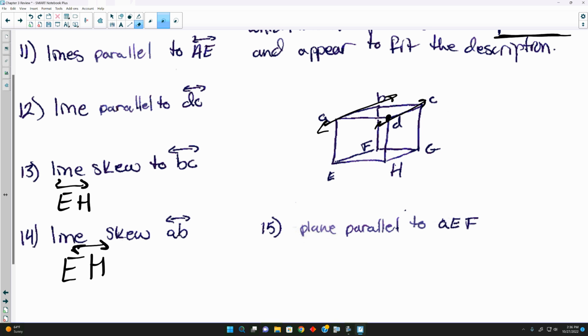So DC, AB is parallel to it, but the thing was it wanted point. So for this here, we would need HG. Because since it is parallel, parallel has to be in the same plane.